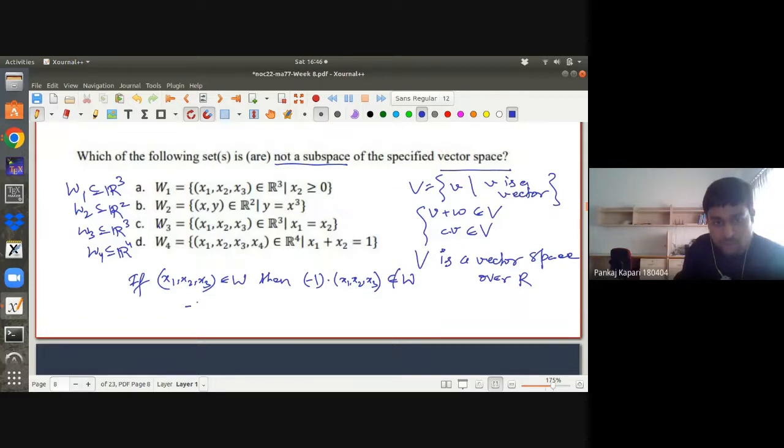Because if you multiply -1 to (x1, x2, x3), you will have (-x1, -x2, -x3). Because this vector belongs to W, that means x2 is non-negative, and since x2 is non-negative, -x2 must be less than or equal to 0.